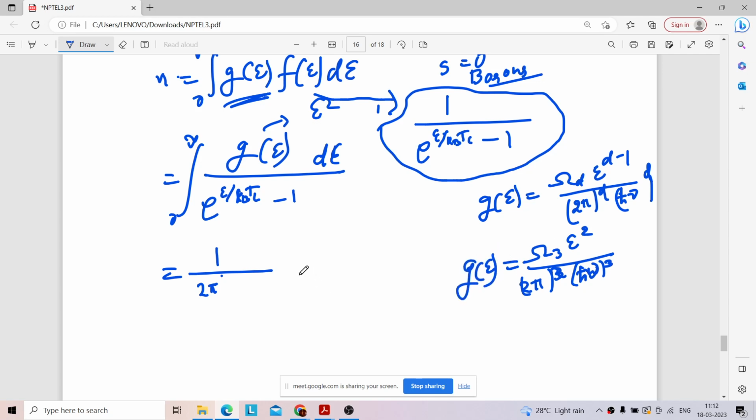We'll put this in our formula. So we want this, and gamma of 3. Gamma of 3 means volume in 3 dimensions.